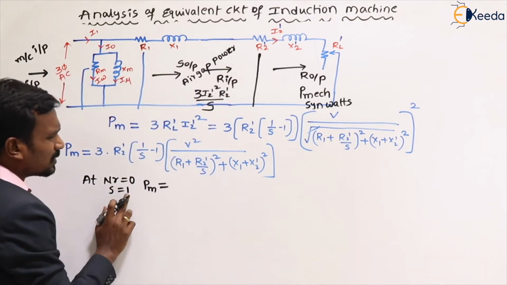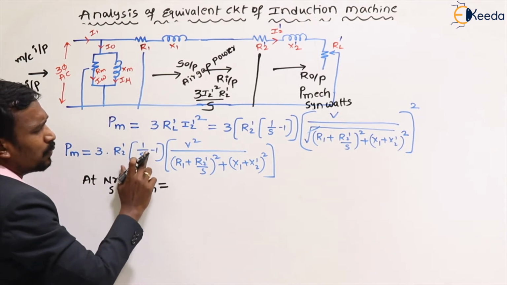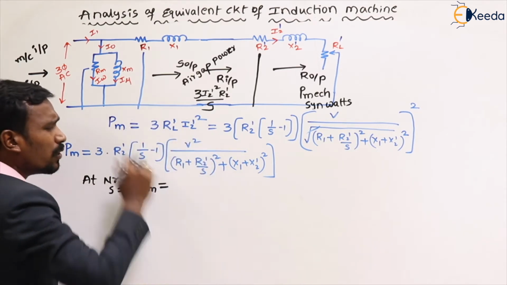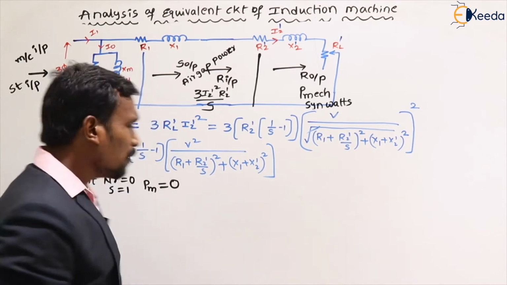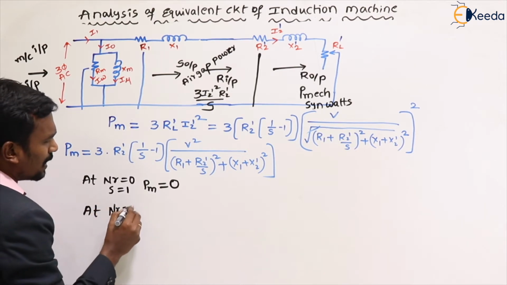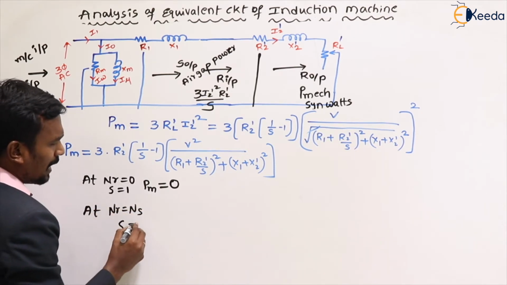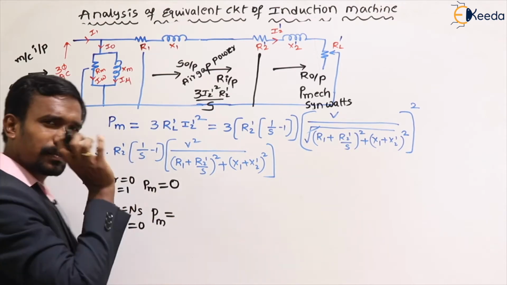Substitute S equal to 1: 1 by 1, nothing but 1 minus 1, 0 into anything, 0. Yes or no, guys? For example, now at N_R equal to N_S, nothing but S equal to 0, what is the power developed by my machine?